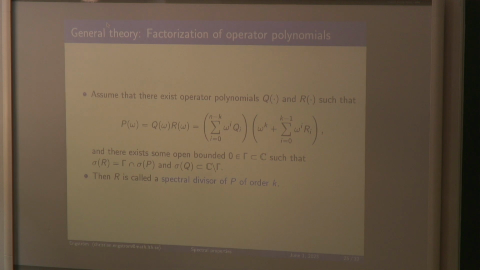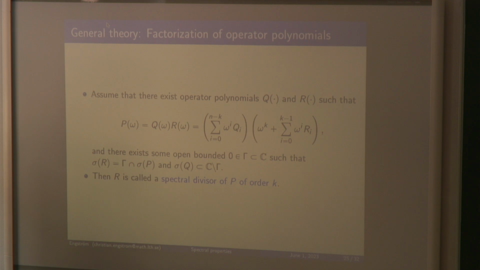If you look at the general case of factorization of an operator polynomial, just remember, we had a rational function, but if you multiply, we get a polynomial, and we needed to do a few things with these polynomials to get it in the right form.